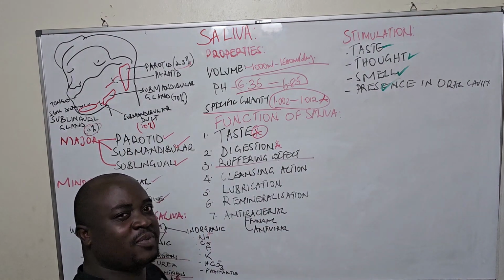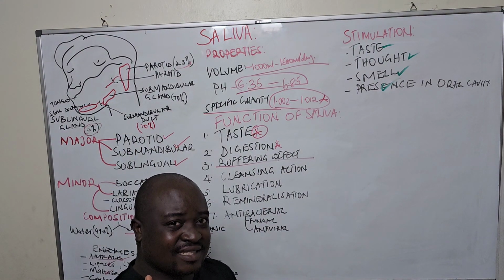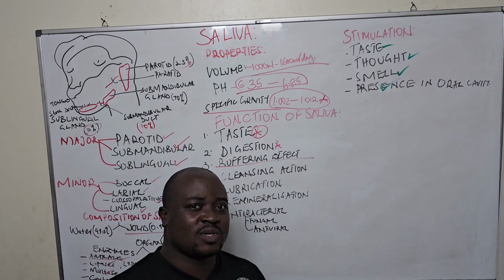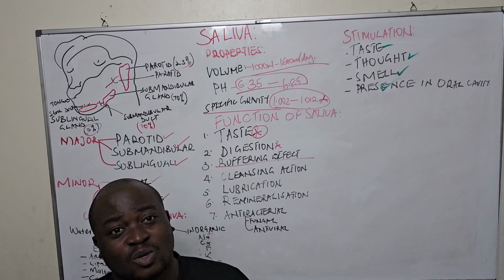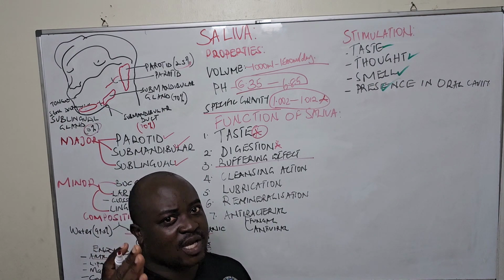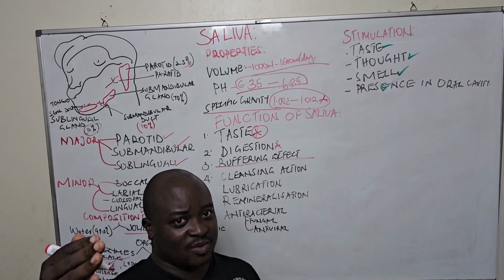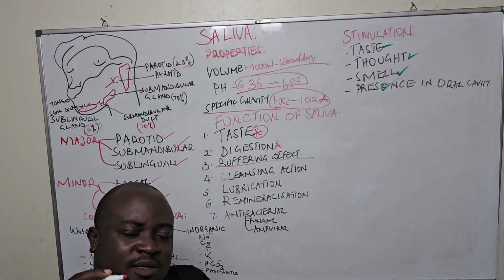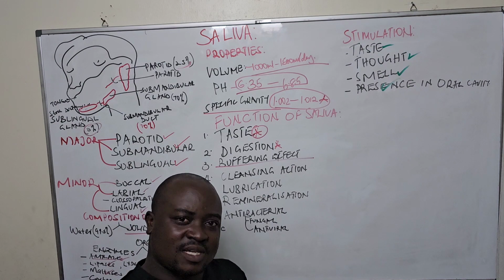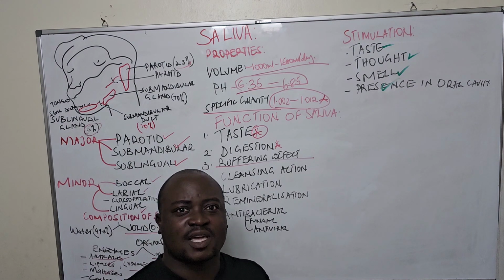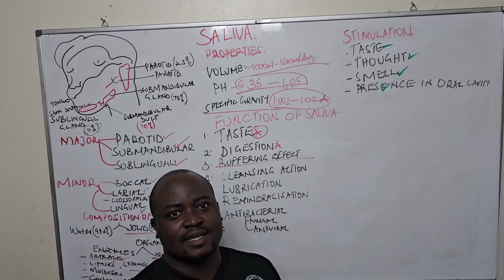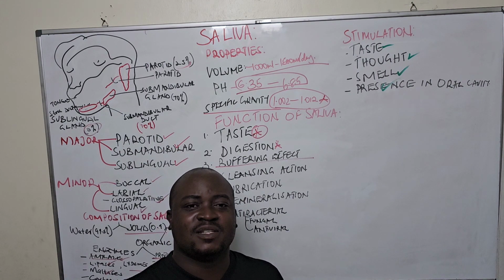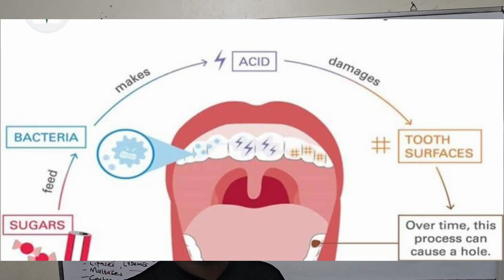Buffering. We talked about the acid. We talked about acids which are important in producing dental caries. We shall talk about the dental caries in our next video. But we said what makes dental caries, or how dental caries come about, is the production of acid, and the acid is from fermented carbohydrates or some fermented sugars, and it is always in the oral cavity.